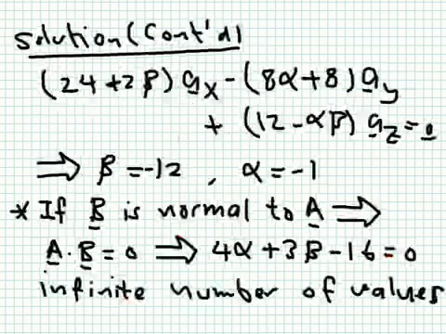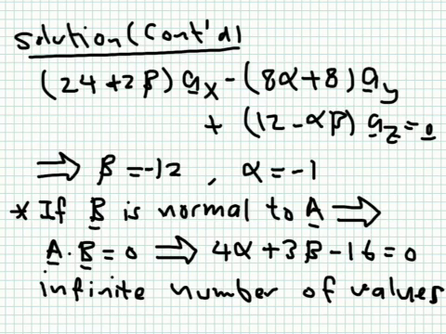You get 24 plus 2 beta ax minus 8 alpha plus 8 ay plus 12 minus alpha beta az is equal to 0. So each one of them is equal to 0.